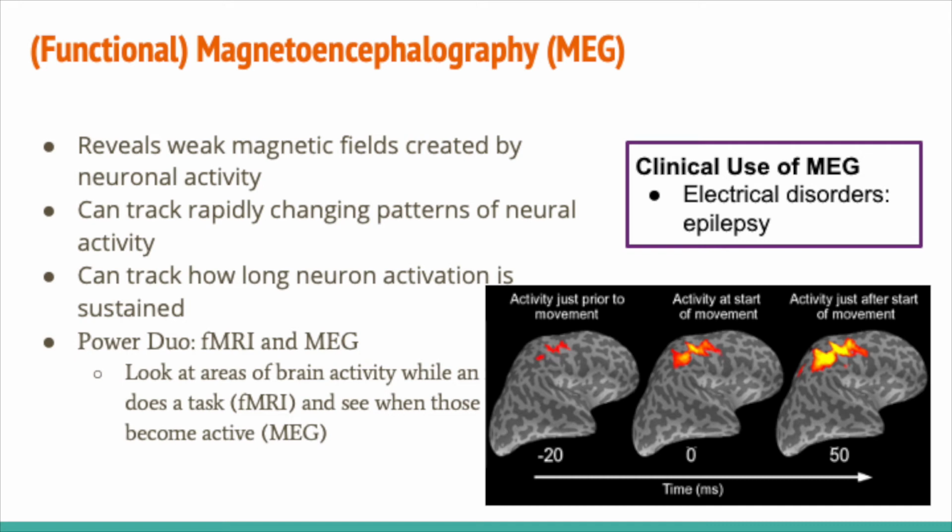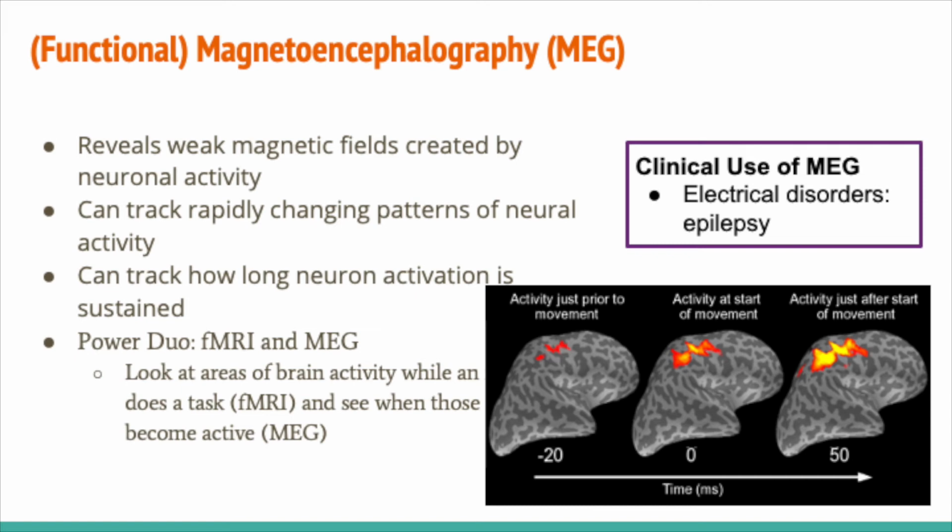What's really cool is that you can have this power duo between an fMRI and an MEG: you can look at areas of brain activity while an fMRI does a task, and see which part of the brain then becomes active through an MEG. In the clinic, MEGs are used mostly for electrical disorders like epilepsy.